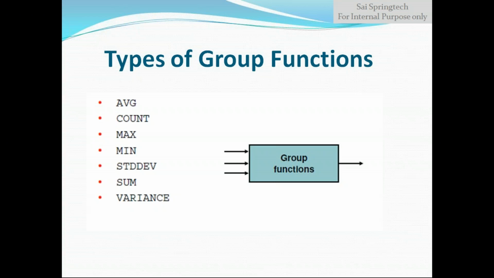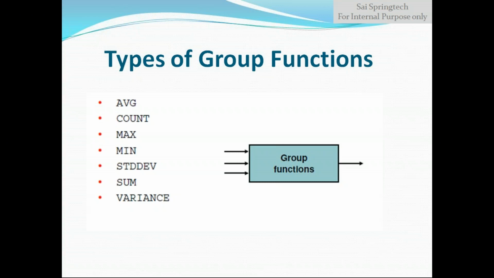But if any of these are null, it will ignore them and not take them into my calculation, and it can give me a wrong result. So we need to be very careful when we are using these group functions. We need to make sure whether we want null rows or whether we do not want null rows. Okay, so we'll see them.